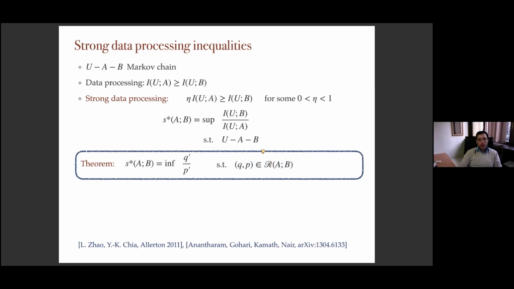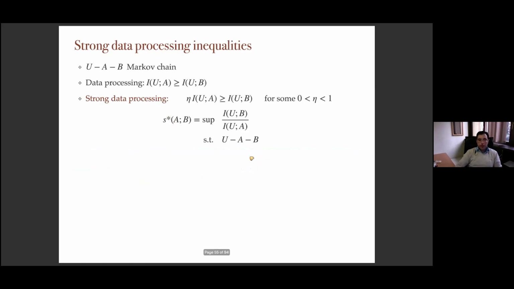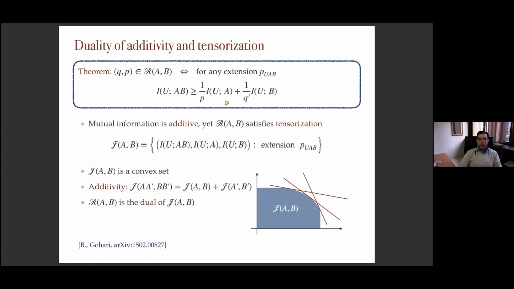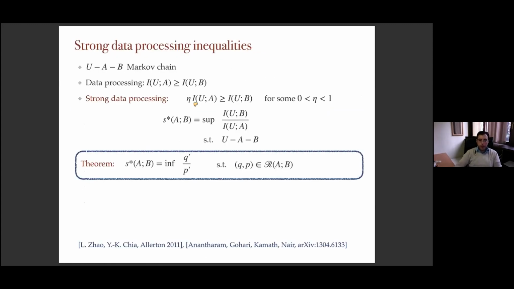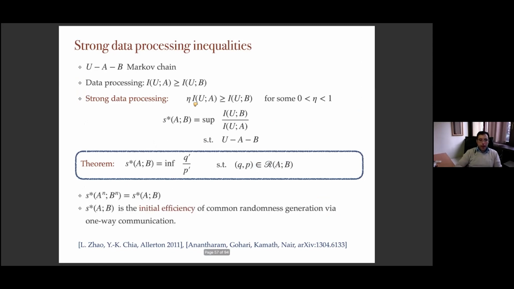One direction of this theorem is easy if you use this characterization; the other direction is not obvious, but it holds. And you can see that S star satisfies the tensorization property. Why? Because it can be characterized in terms of the hypercontractivity ribbon, and the ribbon satisfies the tensorization property.